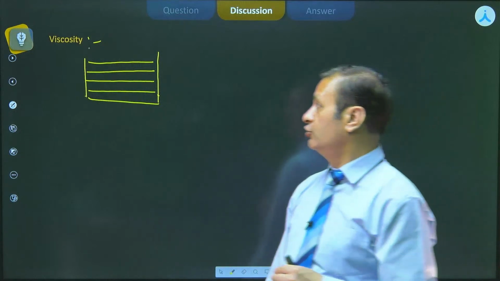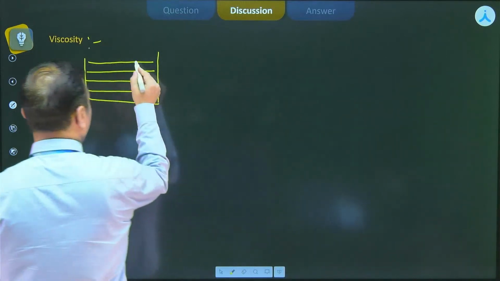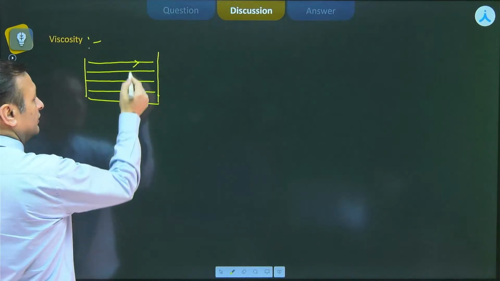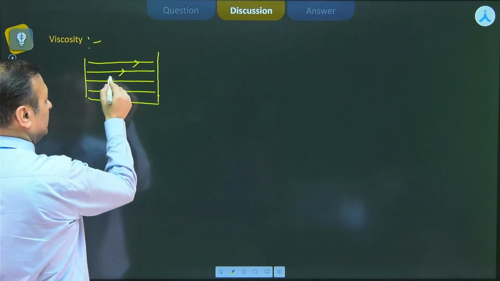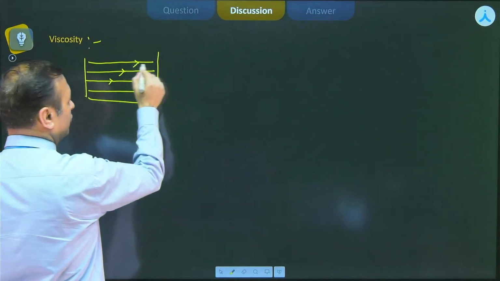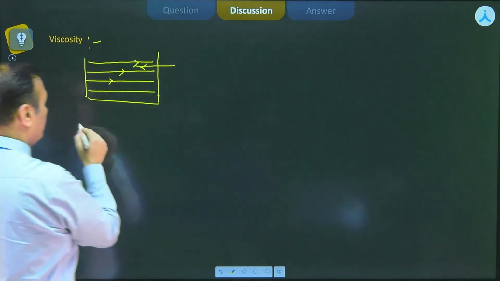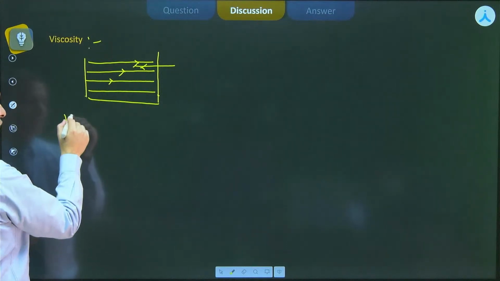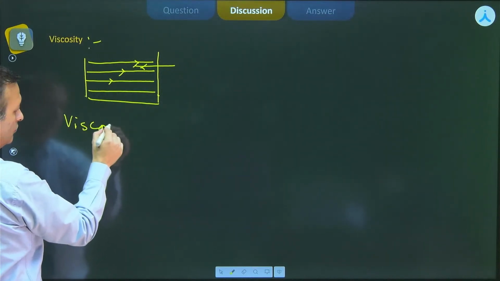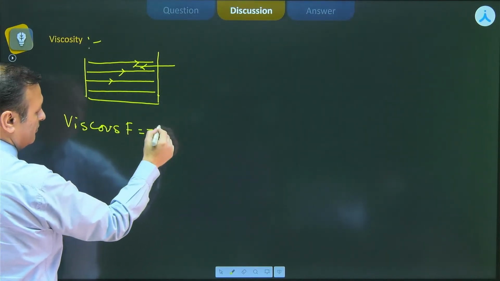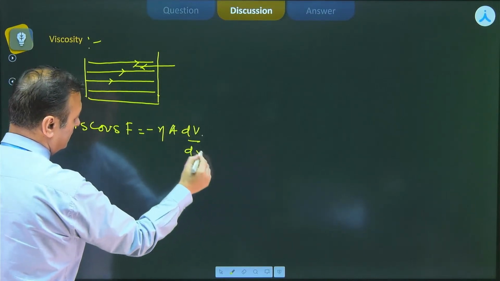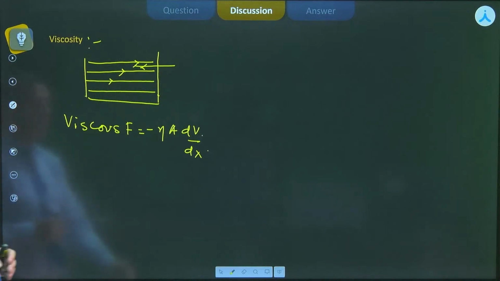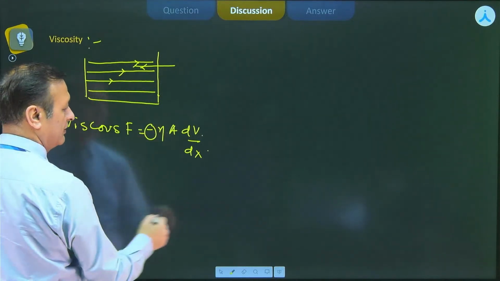So whenever you try to slide this surface, the next layer will also come into motion, but with a lesser speed, the next one with lesser speed, and because of that you have a viscous force, and you know that viscous force is given by minus eta A dV by dx. Minus sign indicates the opposite effect.